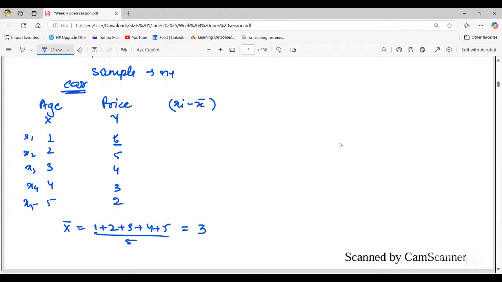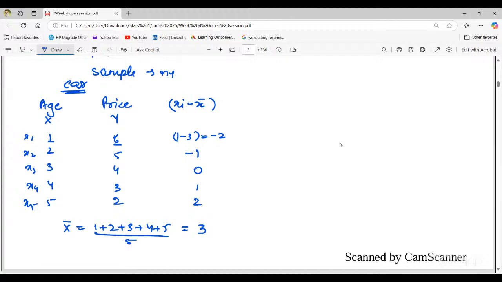So I would be subtracting the mean from x1. It would be 1 minus 3, which is minus 2. Then I have minus 1, 0, 1, and 2.